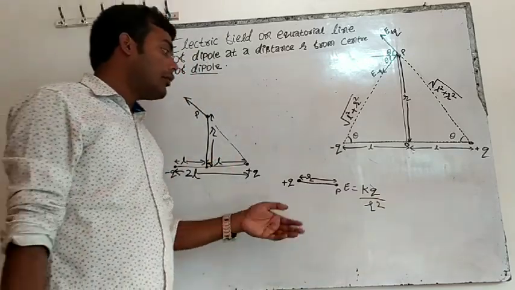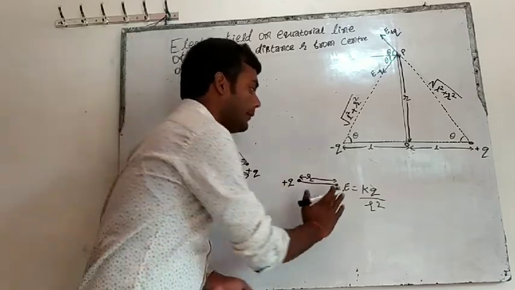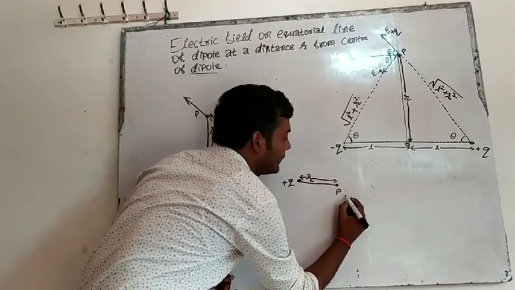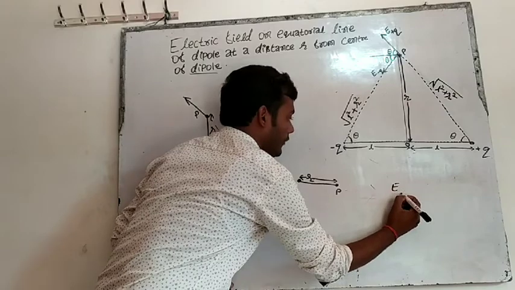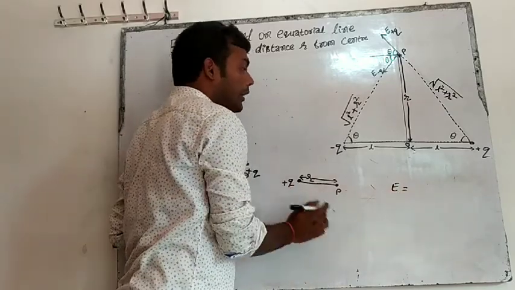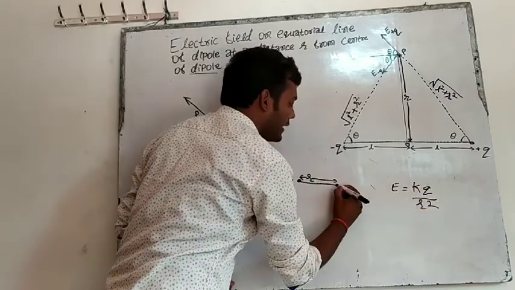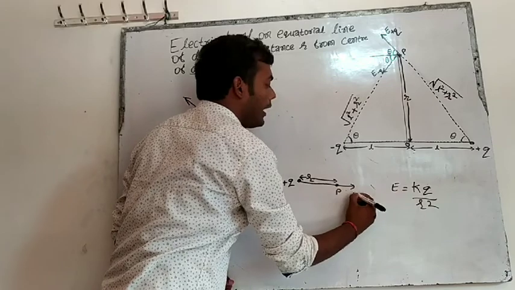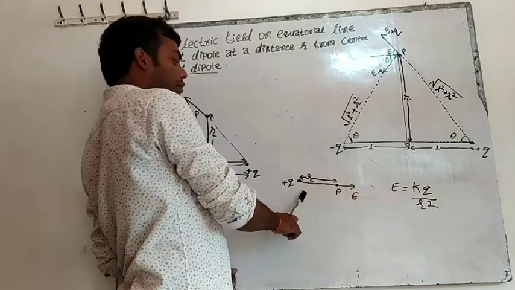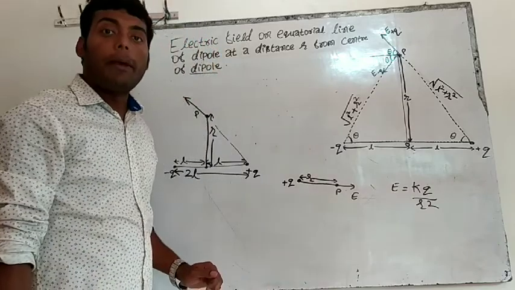What is my knowledge? That electric field at any point P, at a distance r from the positive charge will be equal to KQ by r square, and the direction of electric field will be away from it.